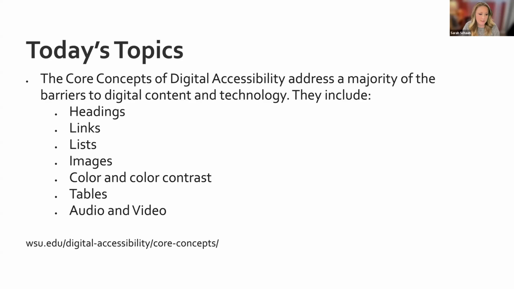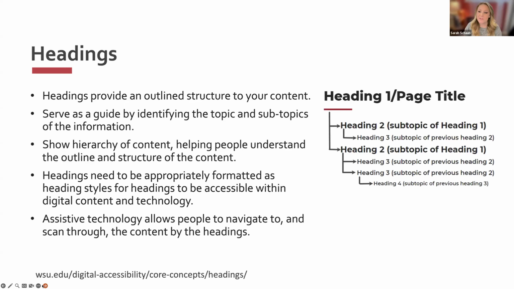And that URL is wsu.edu/digital-accessibility/core-concepts. So bookmark that webpage. There's a lot of useful information on that site, and we will be continuing to add more information as it's developed. So first, we'll start with headings.